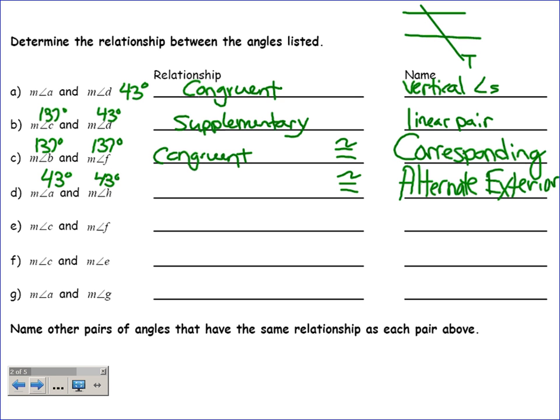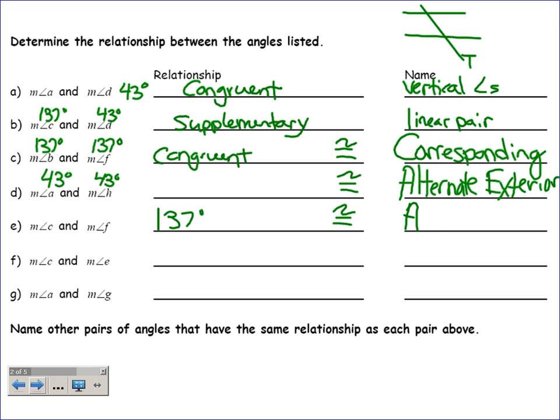C and F. C and F are both 137. They are definitely congruent because they're both 137. Are they same side or are they alternate of the transversal that cuts through? They're alternate, right?